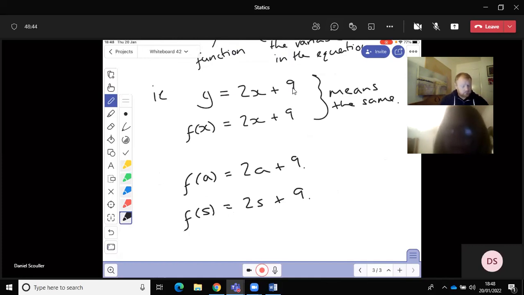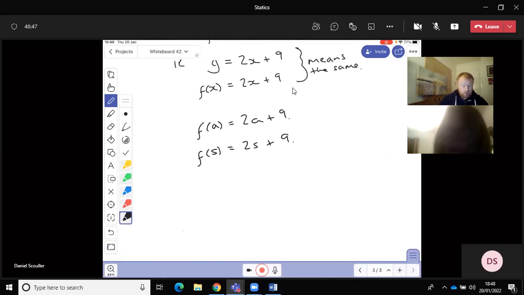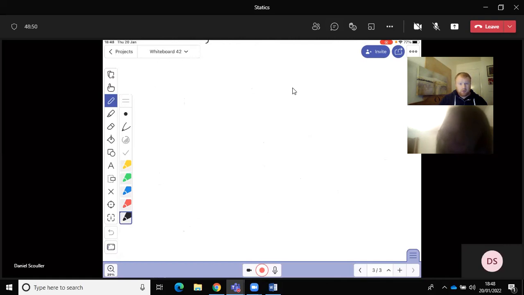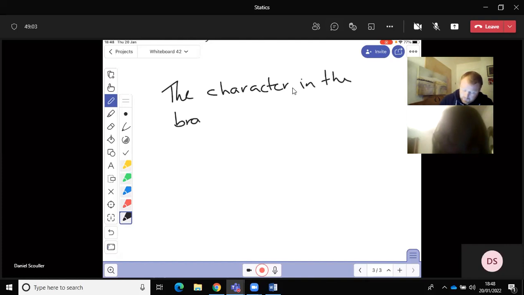Key points when we're going through questions. The character in the bracket is the input. That's the number we put into the equation if we swap out that letter for a number.